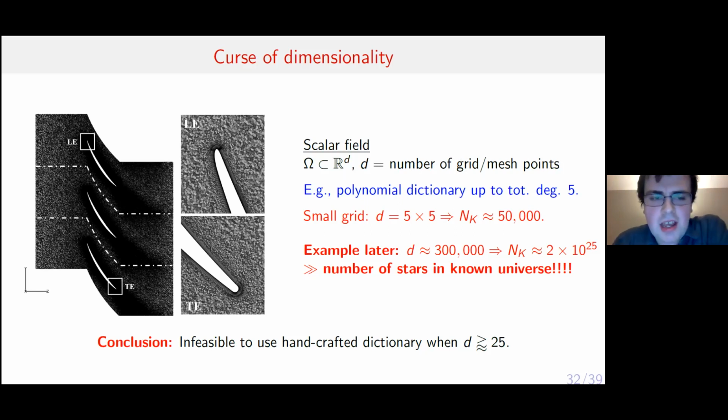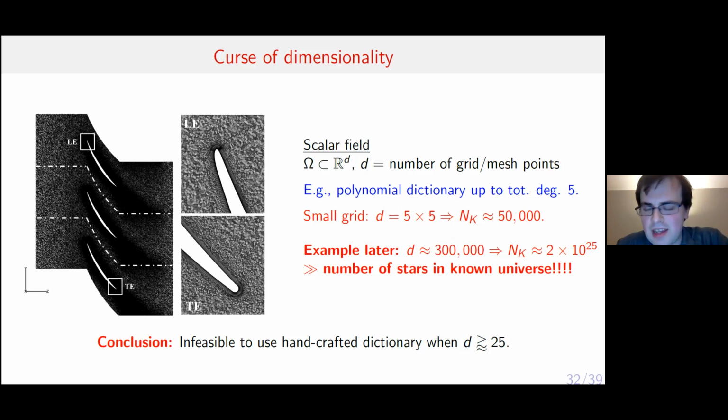Now, let's suppose that for my dictionary, I look at polynomials up to total degree 5, to try and capture the nonlinear dynamics. If I have a small 5 by 5 grid, which is absolutely tiny, the size of my discretized matrices will be 50,000, which is just about doable on a desktop computer. But in the example that we're going to look at later, D is 300,000.